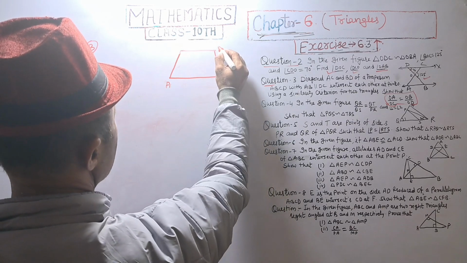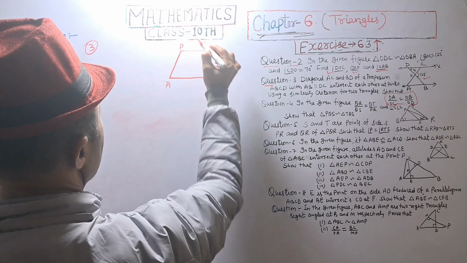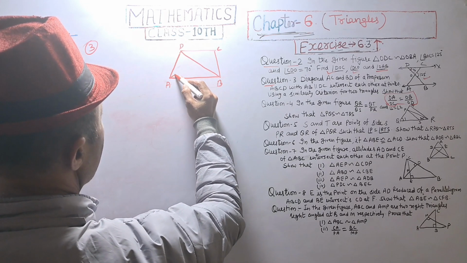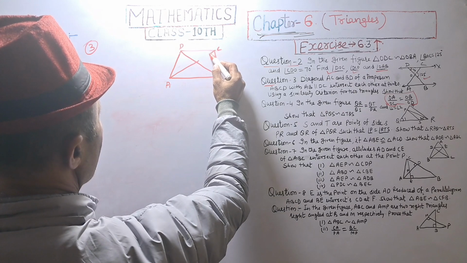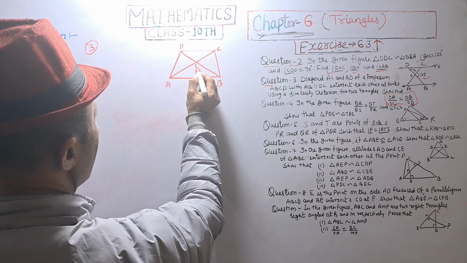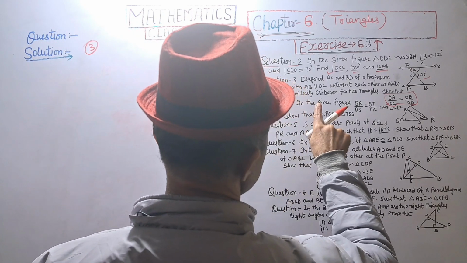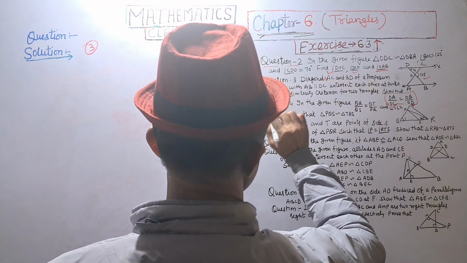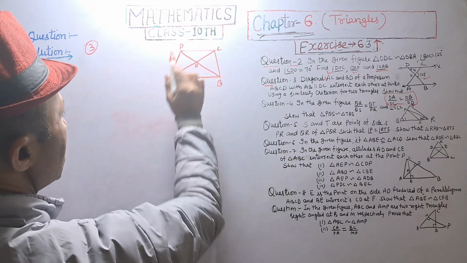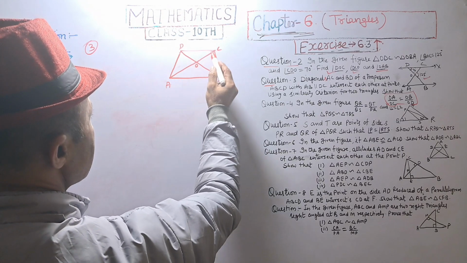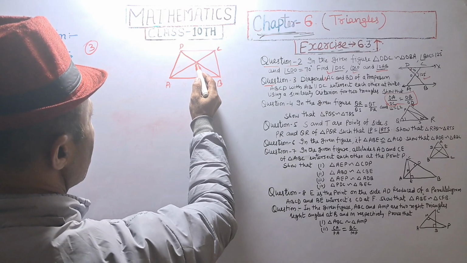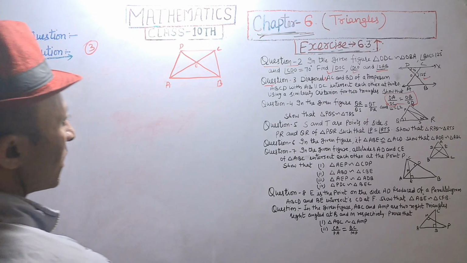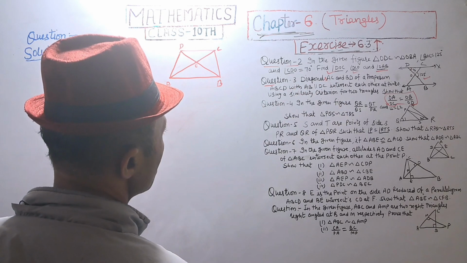A, B, C, D, and diagonal BD and diagonal AC intersect at point O. ABCD is a trapezium and AC and BD are diagonals of the trapezium which meet at point O, and AB is parallel to DC.